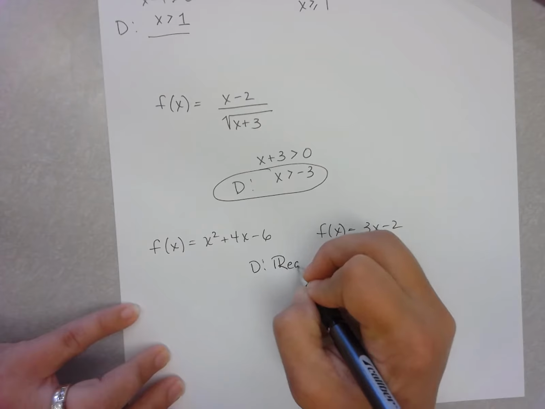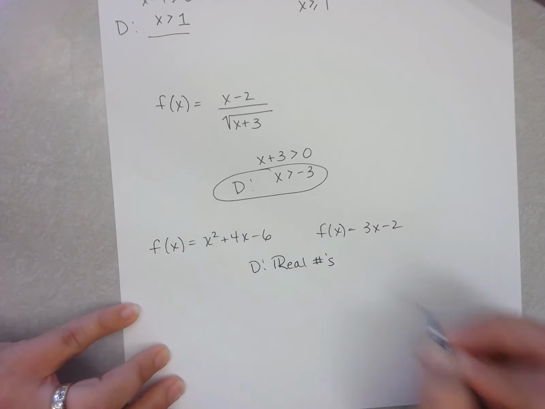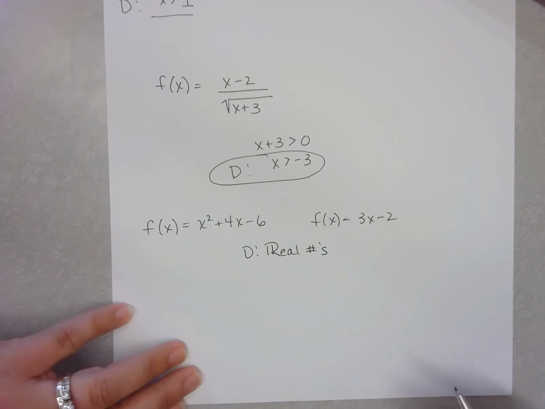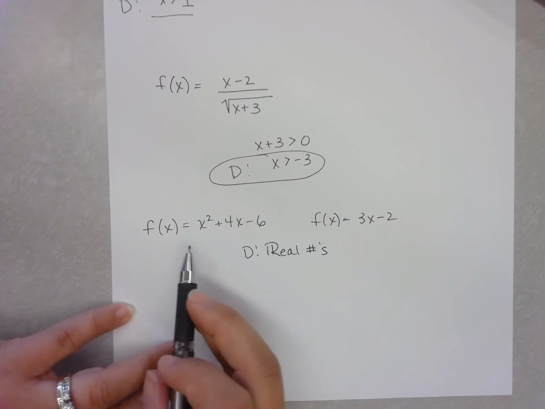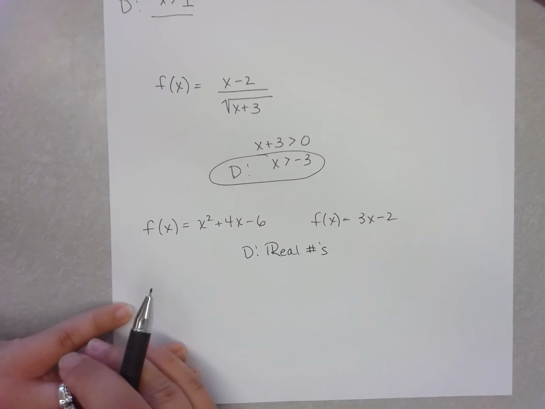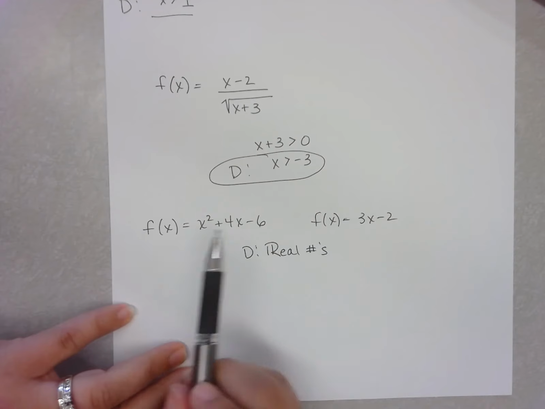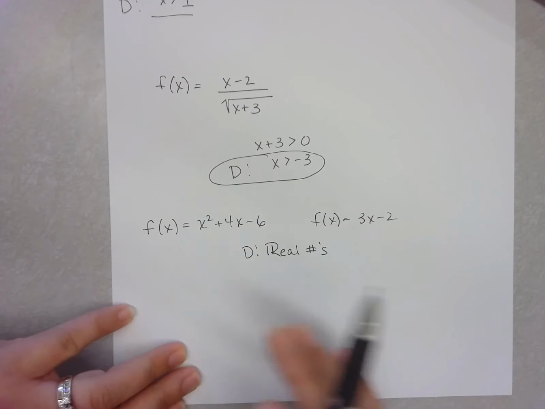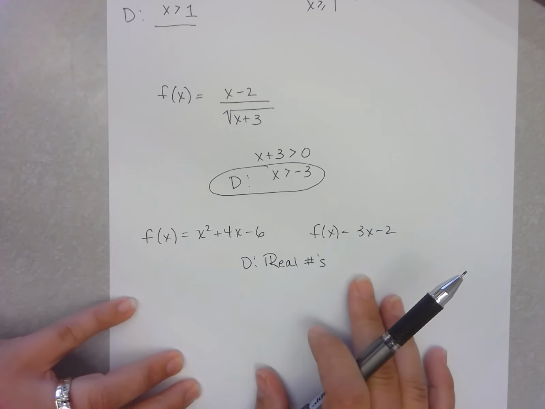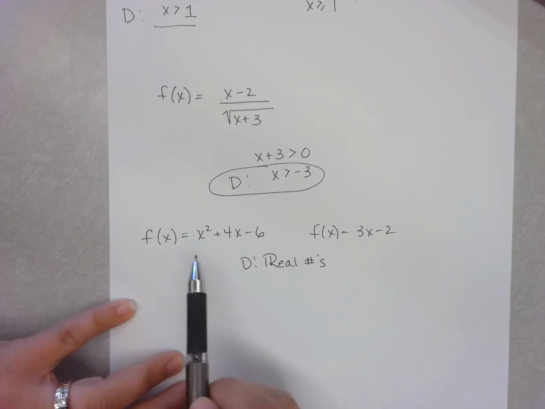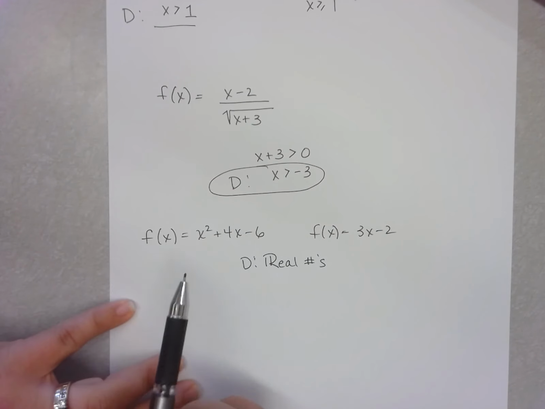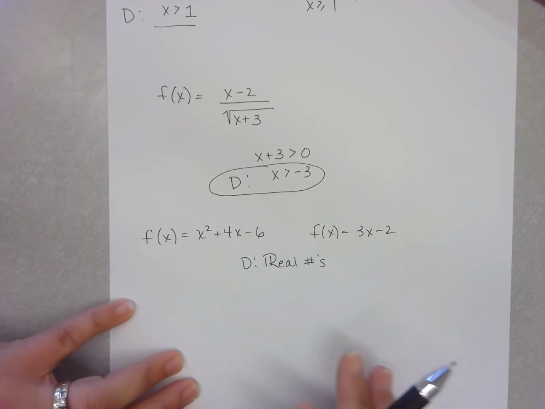This is just a symbol for all real numbers. Okay? So if I have f of x notation and f of x is equal to something, or y is equal to something, I can immediately say that if there isn't a square root or a division by a variable, then it's all real numbers, unless someone explicitly states underneath it that I can only use these x values.